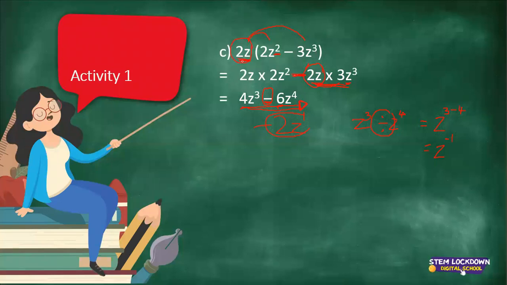Yes, sir. So what we did was multiply 2z by 3z to the power 3 as is. Hopefully you understand what is happening. Yes, sir. Now I understand. Thank you, sir. Okay, very good question. Learners, you have 5 minutes left.